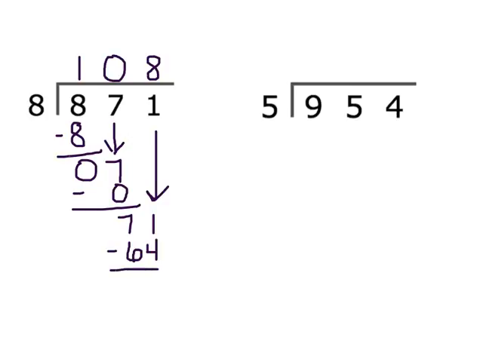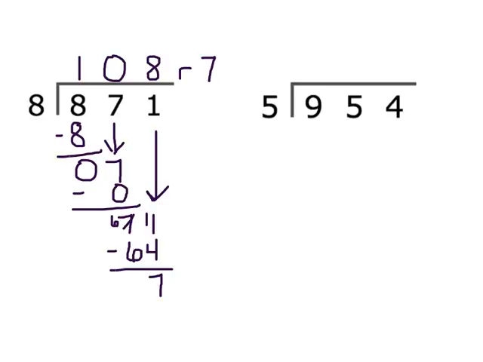And I subtract to see how close I got. 11 take away 4 is 7. 6 take away 6 is nothing. And I have no more numbers to bring down, so I'm finished. However, I do have some leftovers. I have a remainder of 7. So my quotient, my answer is 108 with a remainder of 7.